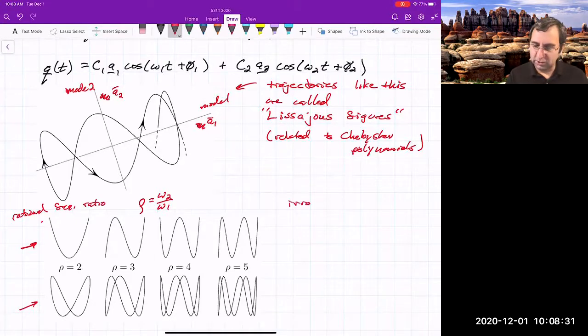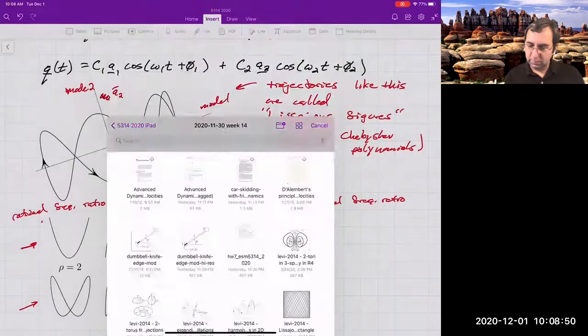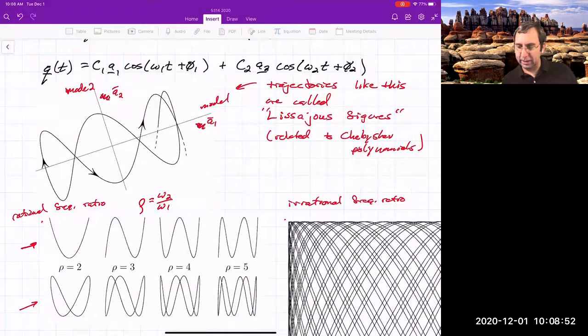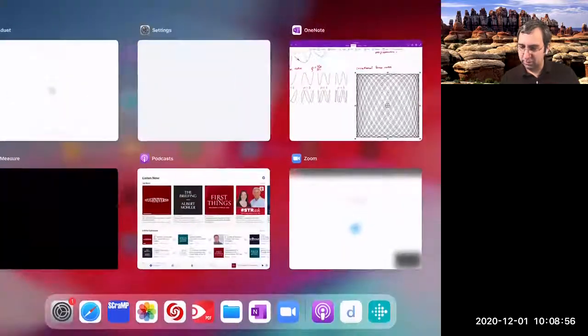If you have an irrational frequency ratio, and you know what this is in the directions of the modes, you get something that seems to fill a rectangle, and this is far too much to show.